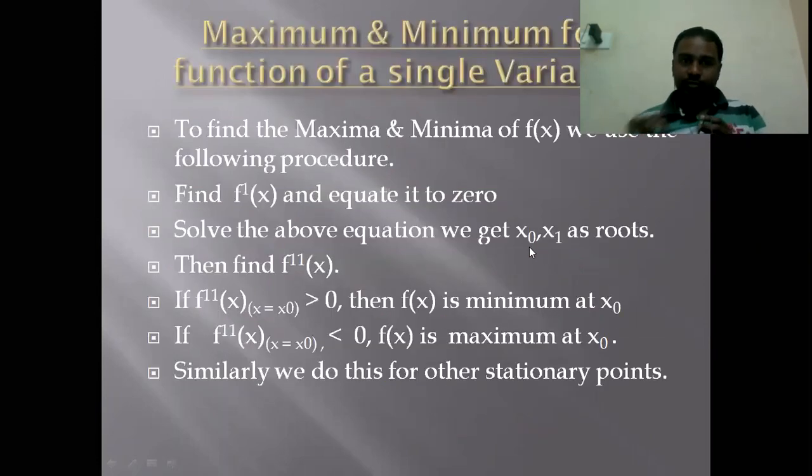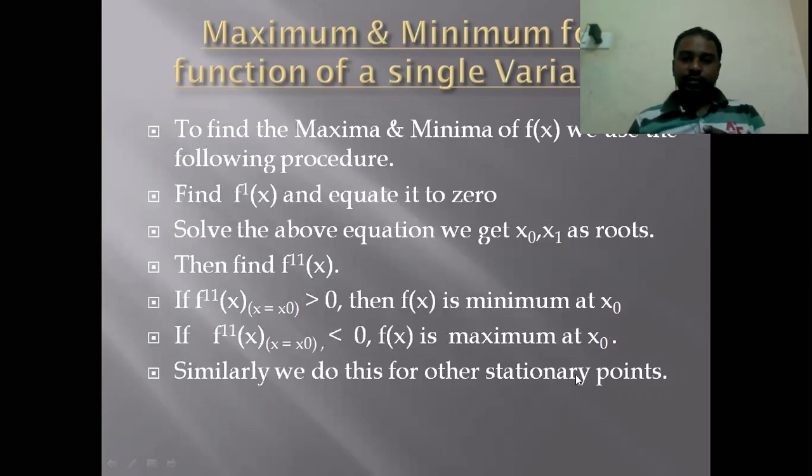So like this, we see how we are going to find, using a mathematical technique, the maximum and minimum for a function of a single variable. The procedure to find the maxima and minima of f of x is as follows.